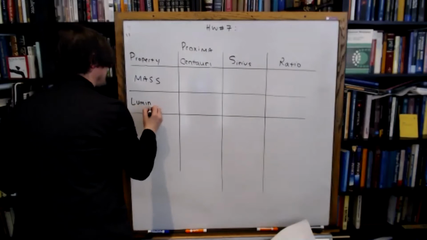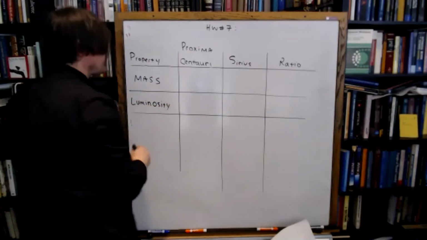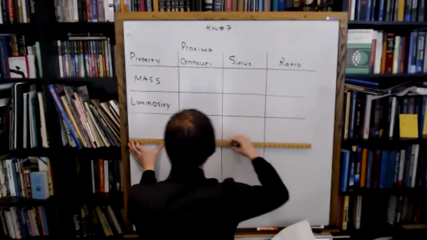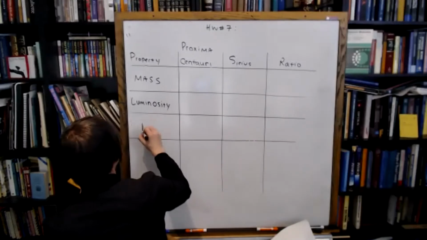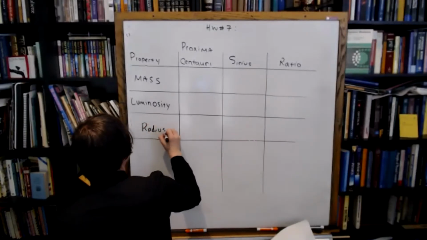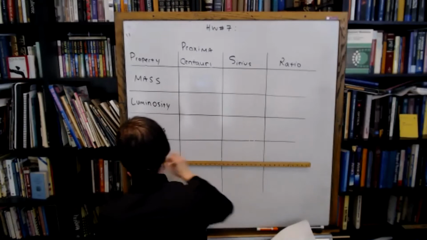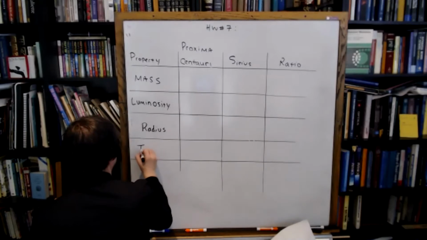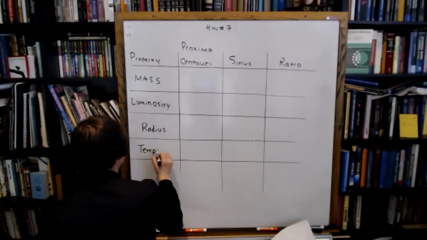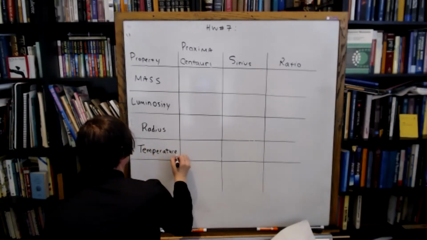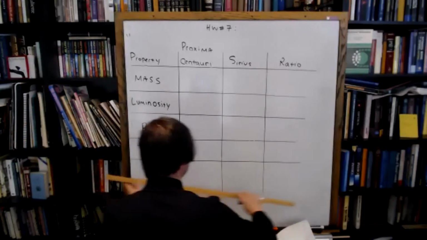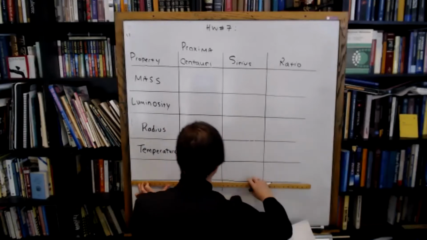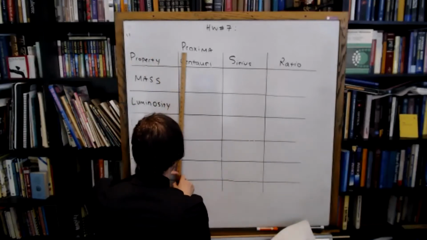These are the key properties of a star: the mass, the luminosity, the radius, the temperature, we'll also do the color, and we'll do the lifetime.